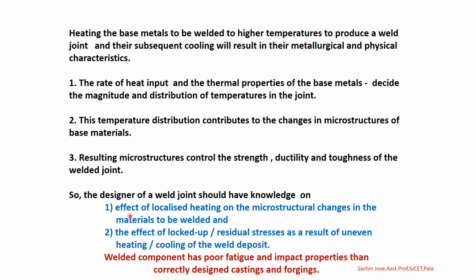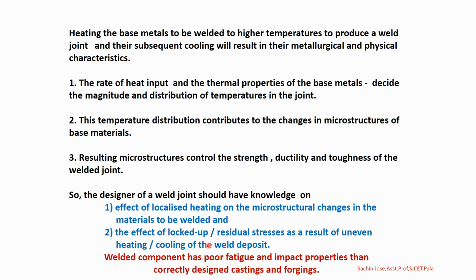So the designer should have knowledge of the effect of localized heating on the microstructural changes in the material, and the effect of residual stresses or locked up stresses as a result of uneven heating. Why? What do you mean by uneven heating? Because when you join two sheets, you are heating just the edges of the sheet.